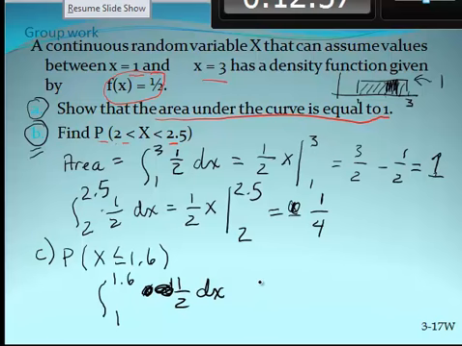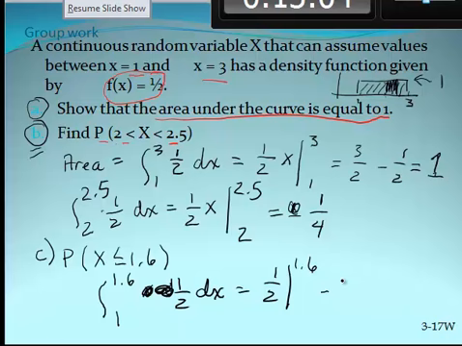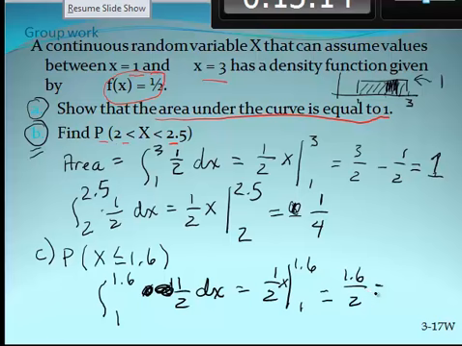And if we take that all out, it's equal to 1/2 x evaluated from 1 to 1.6, which is 1.6 over 2 minus 1 over 2, and all of that turns out to be 0.3. So that's the only real tricky one, this one right here, and you just have to remember where the edges are. That's why I always like to draw if I can draw.